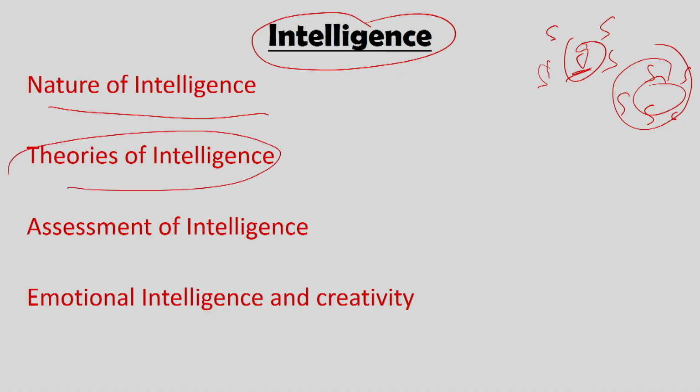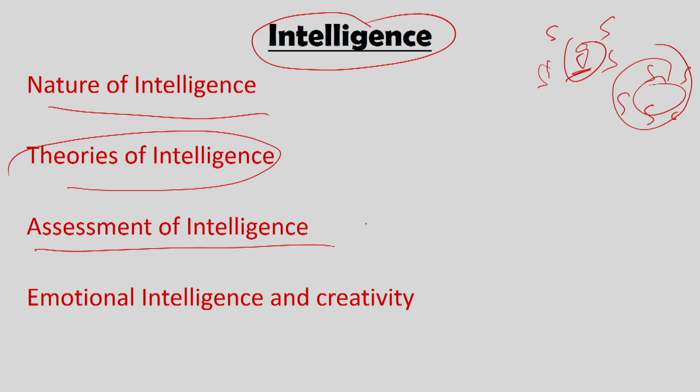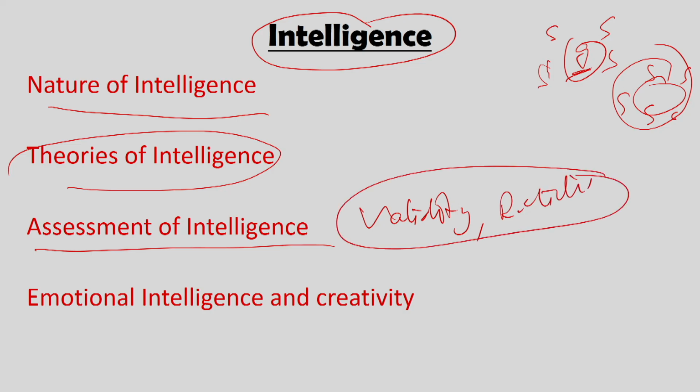Now, there are theories of intelligence that we discussed. We looked at Anderson's information processing theory, we looked at how Sternberg's triarchic theory works, we looked at Gardner's theory, and several other theories of intelligence, of how they define what is intelligence and what is an intelligence process. We looked at the idea of validity and reliability, and how they help in designing an intelligence test.